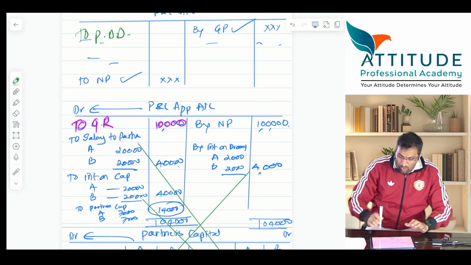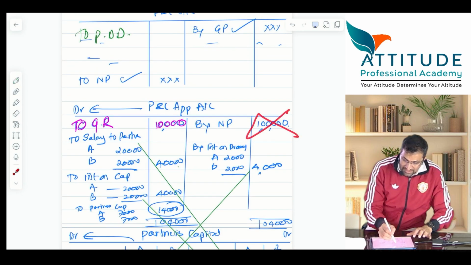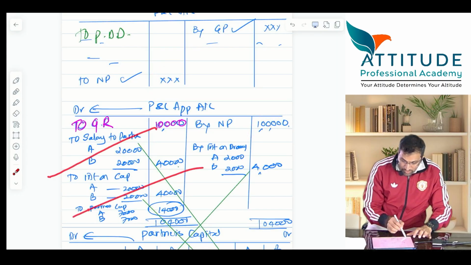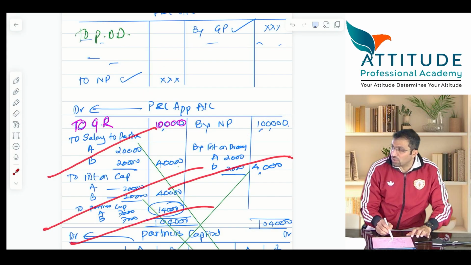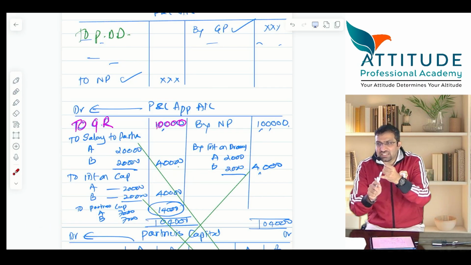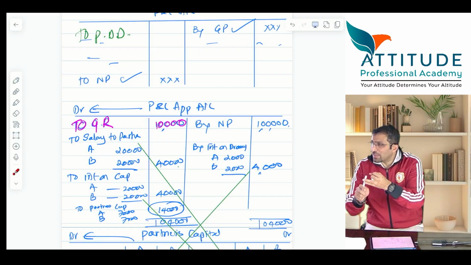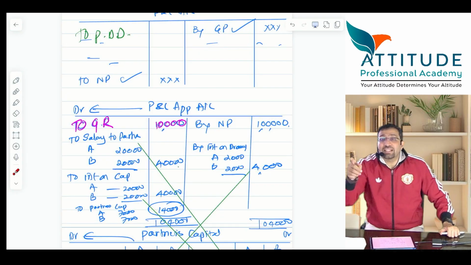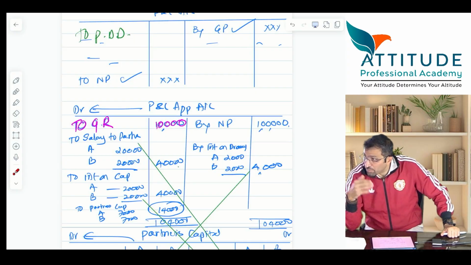अगर profits ही नहीं है, net profit zero हो गया, then no salary, no interest on capital, no profits, no interest on drawings. कुछ भी नहीं था. It means that to give interest on capital, salary, commission, bonus to the partners, what should be there? Profit should be there.